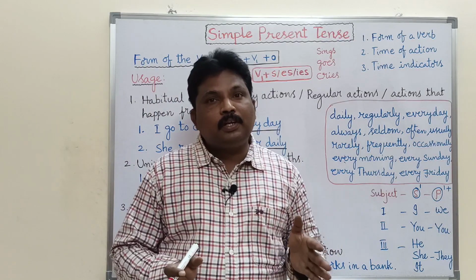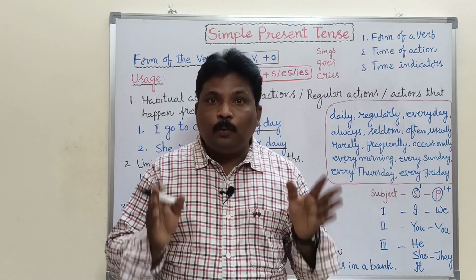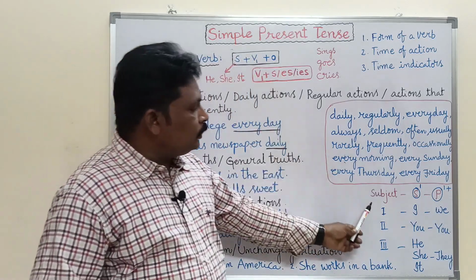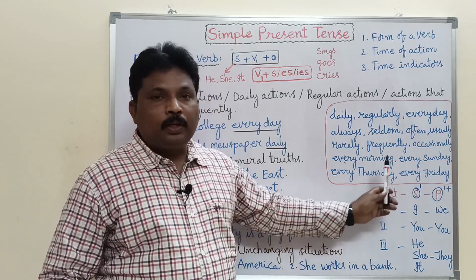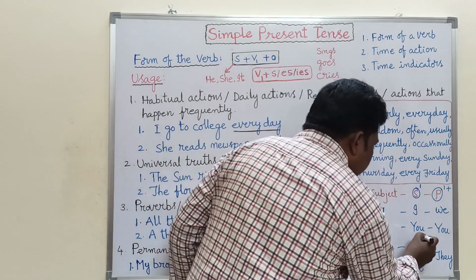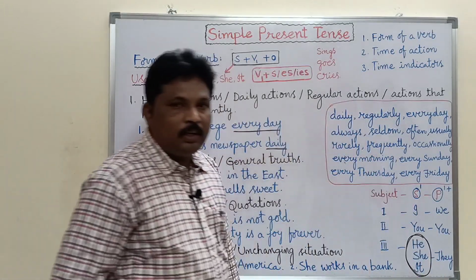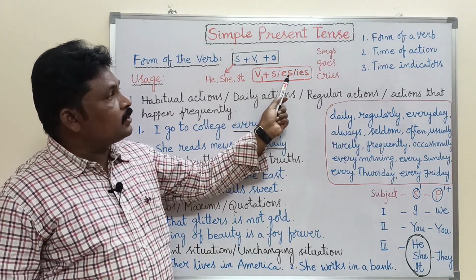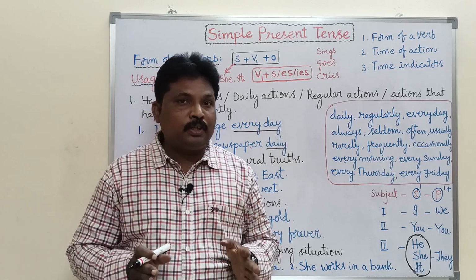In simple present tense, the most important rule to be remembered forever while writing or speaking is this. We have three subjects in English: first person, second person, third person. Whenever the subjects are third person singulars, then the verb takes s or es or ies. This is the most important rule in simple present tense.